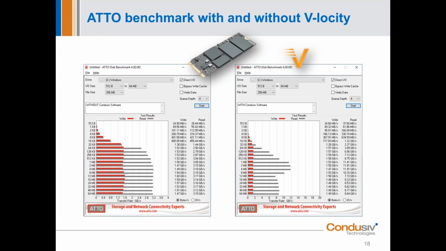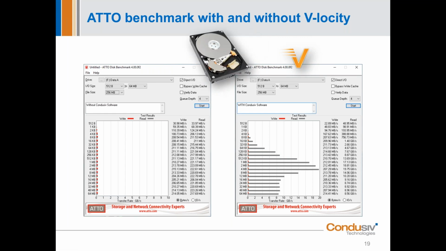Now, without Velocity, the read transfer rate of the NVMe connected SSD, which is this column here, was maxing out at around about 3.2 gigabytes per second. Significantly more when Velocity's RAM cache was working. The read transfer rate of the spinning hard drive was maxing out at around about 224 megabytes per second.